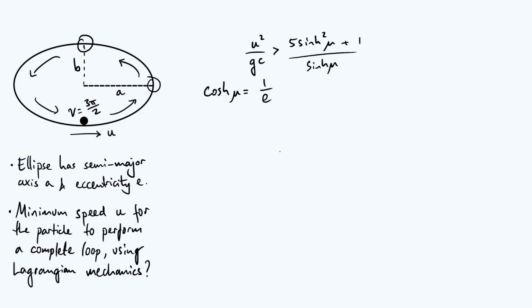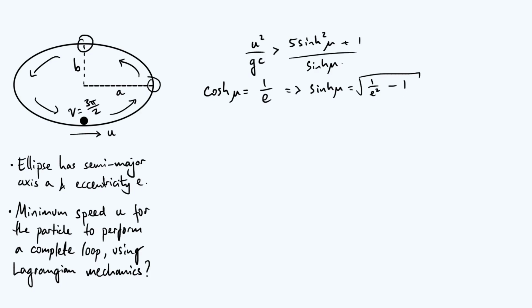This is a result that I derived in my video on elliptic coordinates, so I'm not going to prove this here. But because cosh of mu is 1 over E, and cosh squared minus sine squared is 1, that implies that sine of mu is the square root of 1 over E squared minus 1.